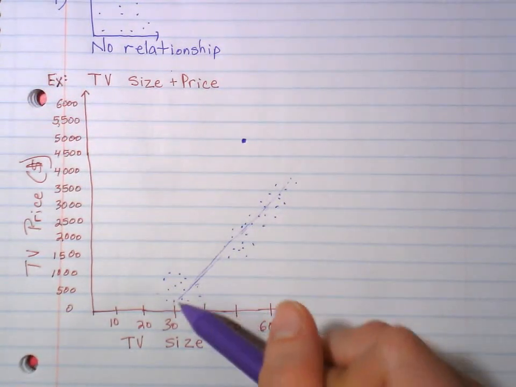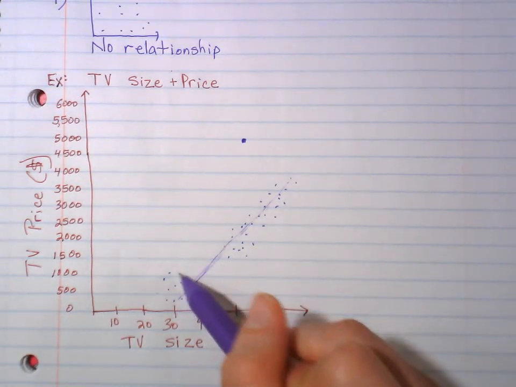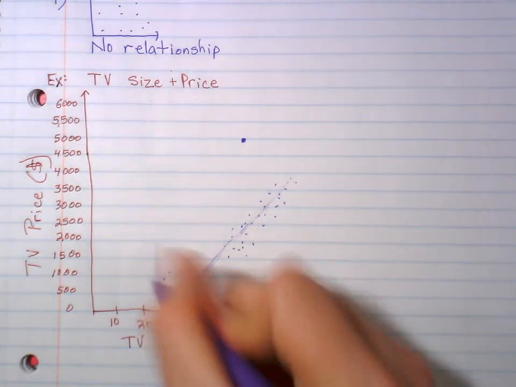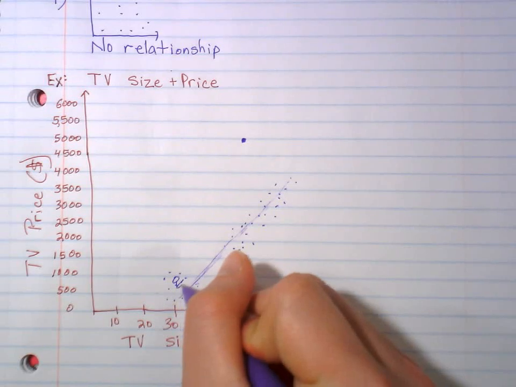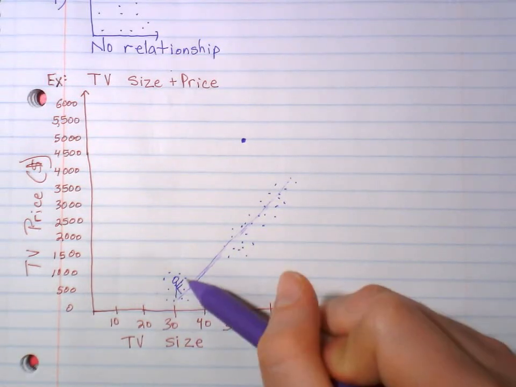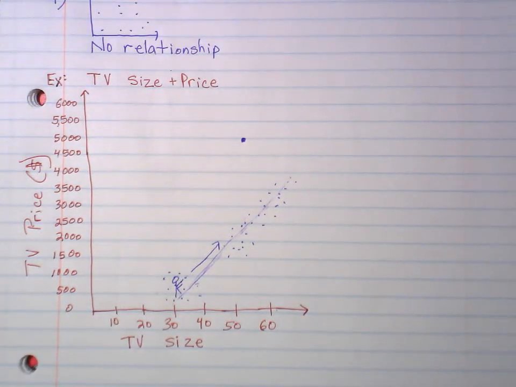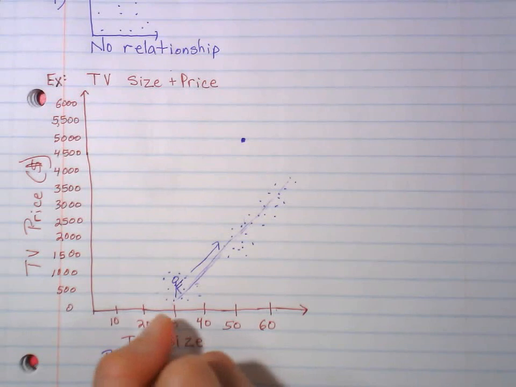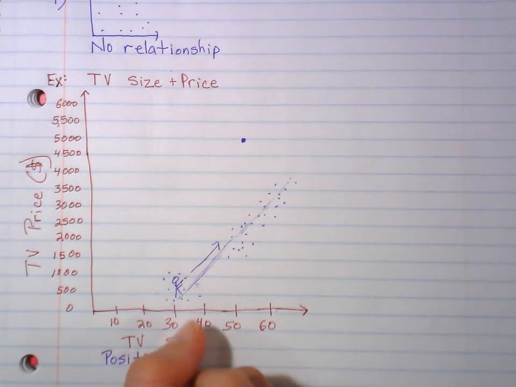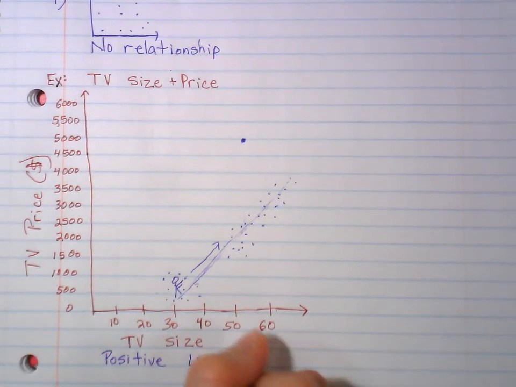And we read graphs from left to right, just like a book. So if we were down here and we were running, we'd be running up it. So it's increasing in difficulty. So it is a positive slope, positive linear relationship.